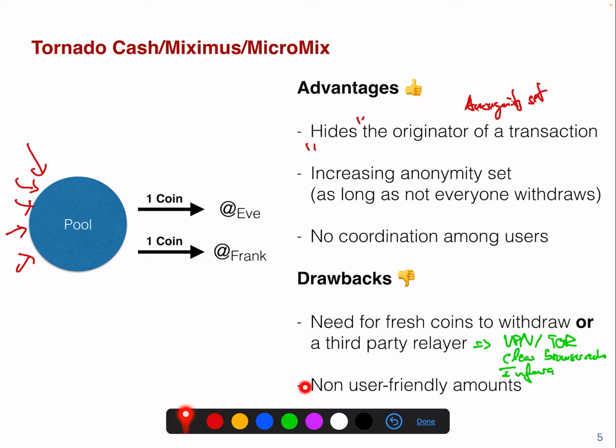One bigger bottleneck is that once you have a coin in the pool, you cannot send this one coin to another user. You need to first withdraw it, and then you can send it to another user. And ideally you would want to transfer this coin to another user.